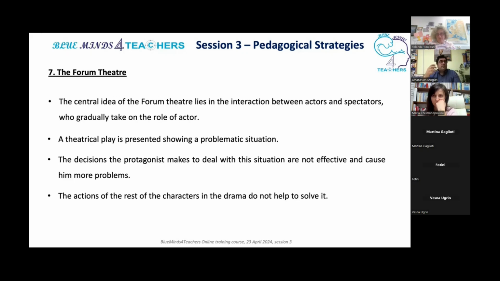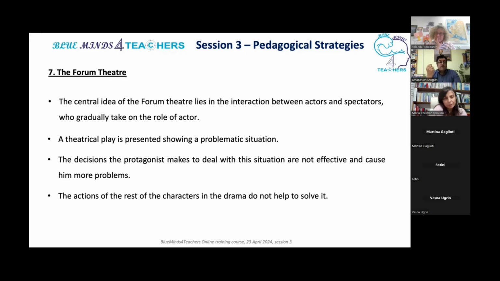This is a theatrical play, just like the plays that we have in our minds, but is presented showing a certain problematic situation. And in the field of environmental education and ocean literacy, we have ocean sciences, we have too many problematic situations that we could use.